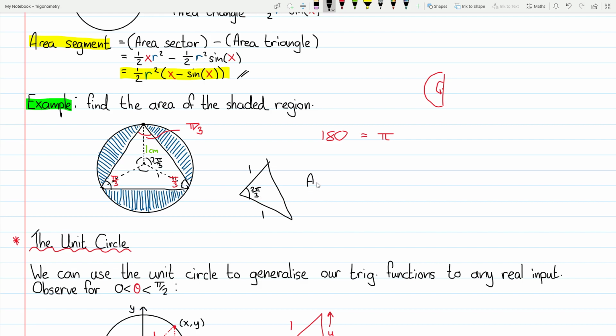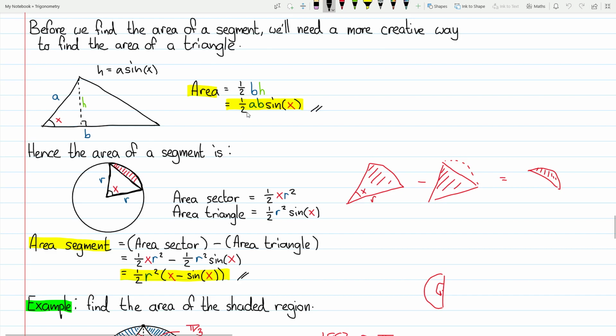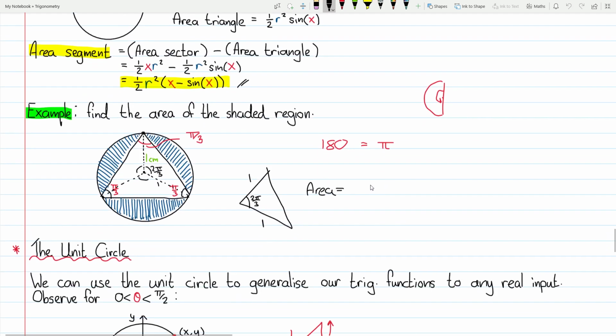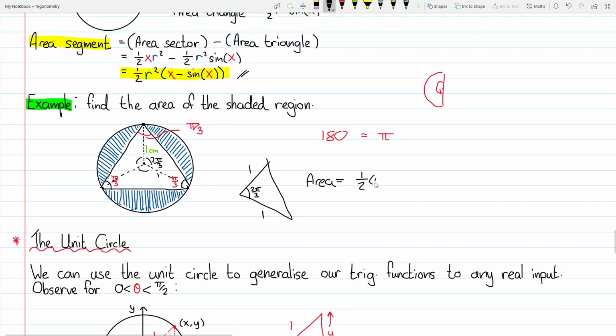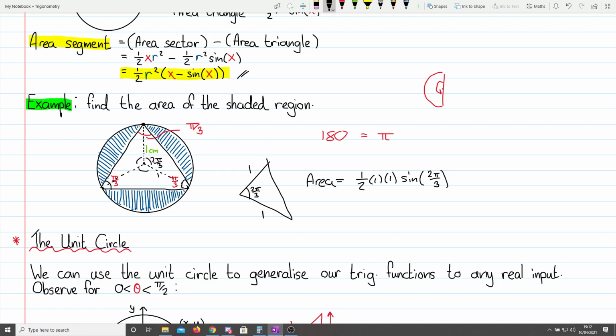So the area of this triangle is going to be our triangle formula, which is 1/2 AB sine C, well 1/2 AB, which is 1, 1, and then we take sine of 2 pi over 3. And when you're calculating sine of radians, it's always good to check that your calculator is in radians.